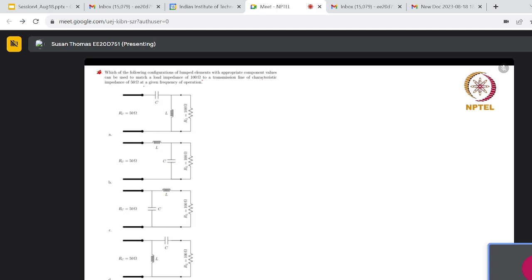Which of these configurations could be used? Given condition, I will write it down: ZL is 100 ohm and Z0 is 50 ohm. Based on this knowledge, can you tell which L section network can be used? Can you use all these configurations?